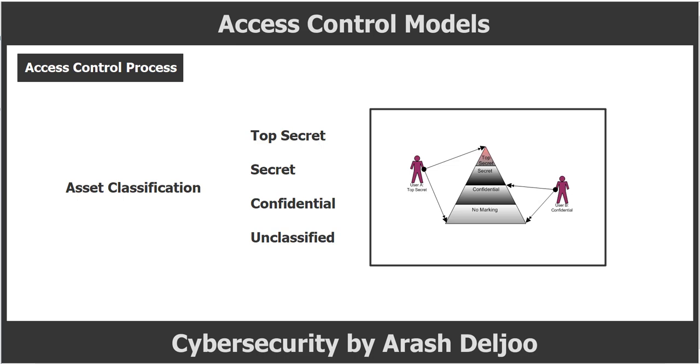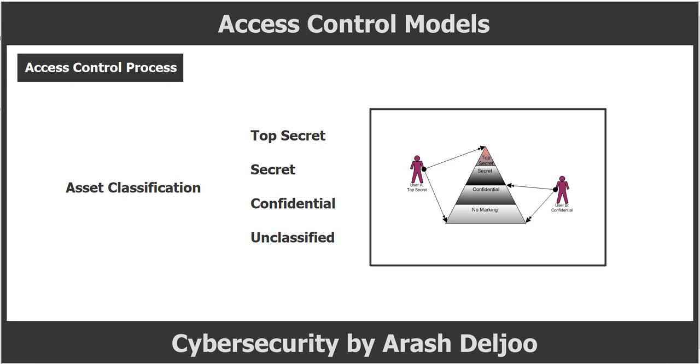This process is called asset or data classification, and there are several ways to classify assets. For example, military and governmental organizations commonly use the following classification definitions: top secret, secret, confidential, and unclassified. About the top secret, it means unauthorized access to top secret information would cause grave damage to national security.